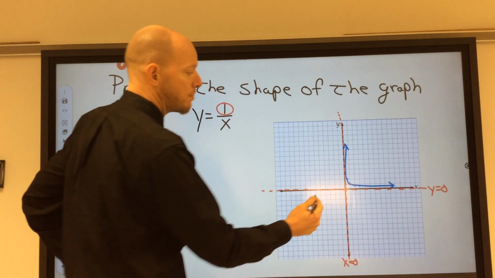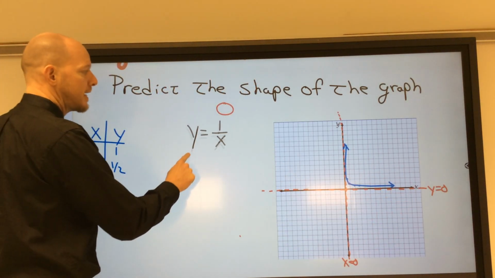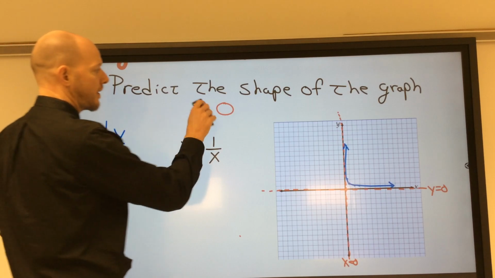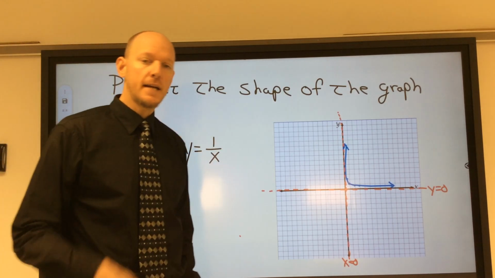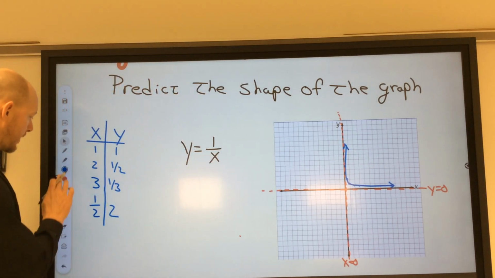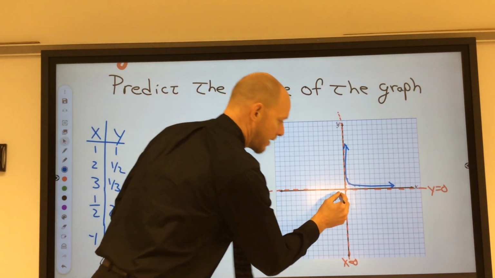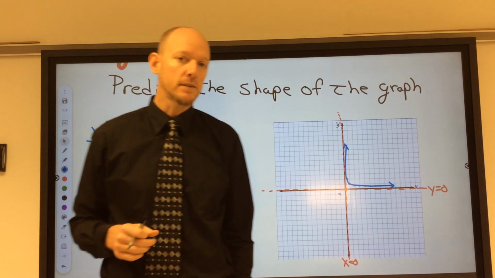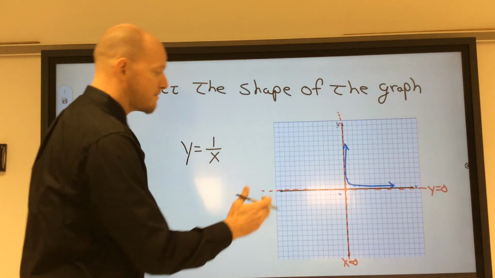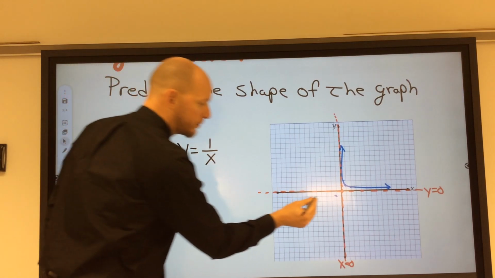But we didn't explore every aspect yet, because now that's just the positive x values. Let's take a look and see what happens if we have negative x values. Well, if I put a negative in for x, let's just start off by substituting a negative 1 in. Well, that's going to produce a negative 1. Easy enough. And we could use the same thought process, such that if the absolute value gets larger, it's going to get closer to 0.